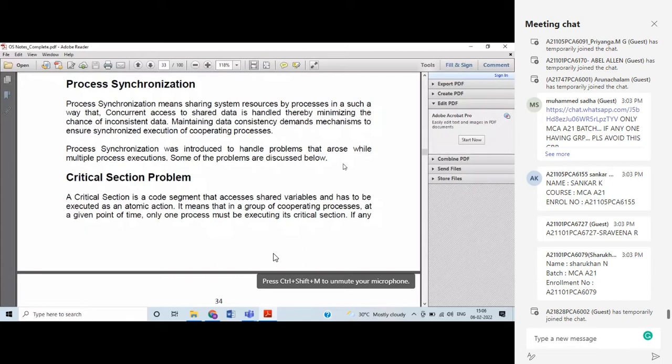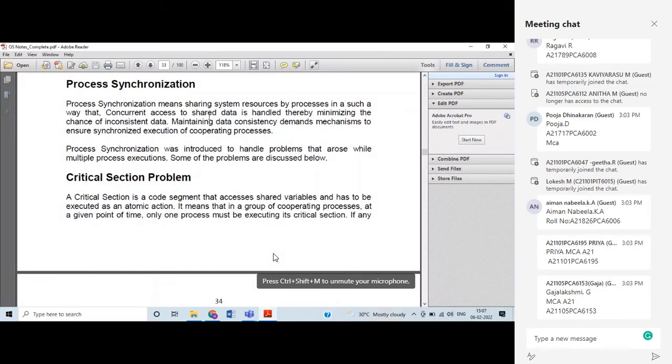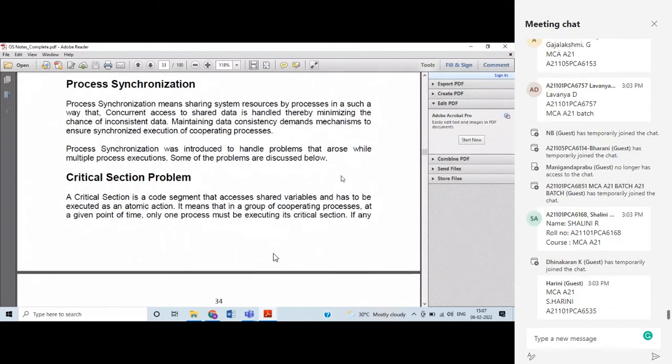So here, the definition for process synchronization is sharing the system resources by processes in such a way that concurrent access to shared data is handled, thereby minimizing the chance of inconsistent data. So what are the system resources?